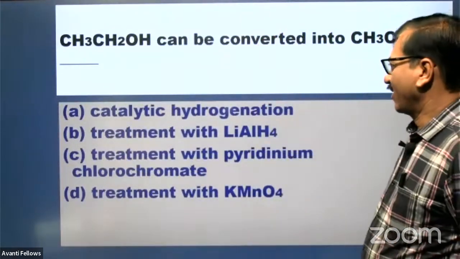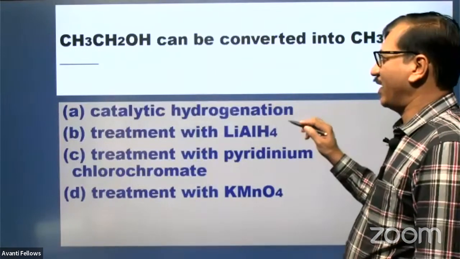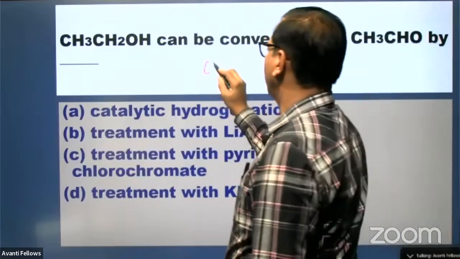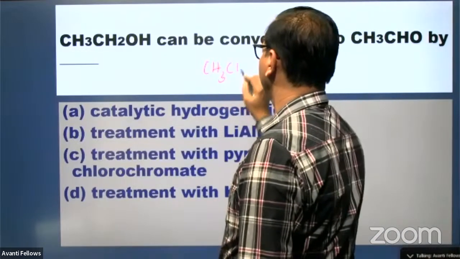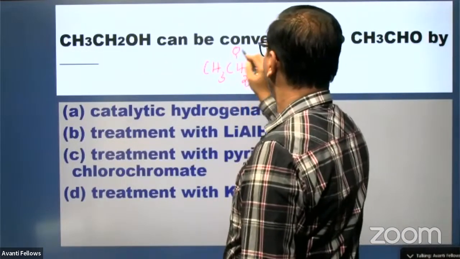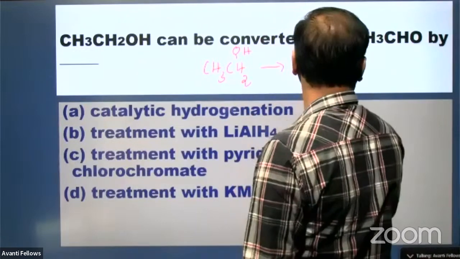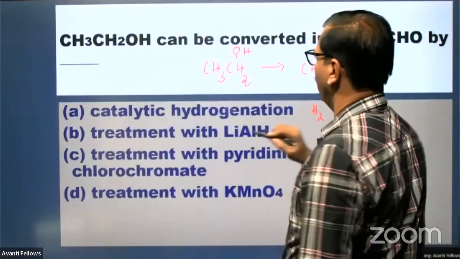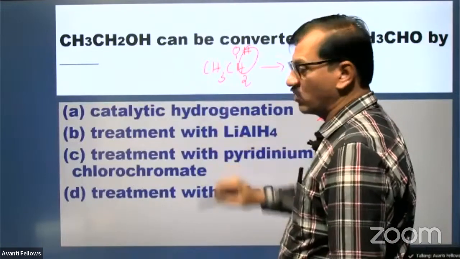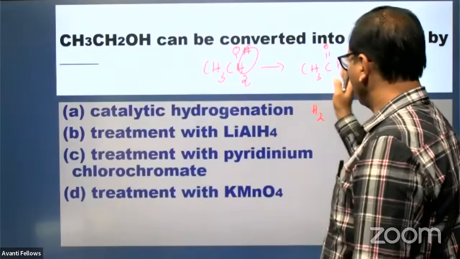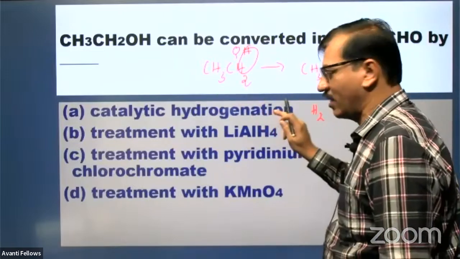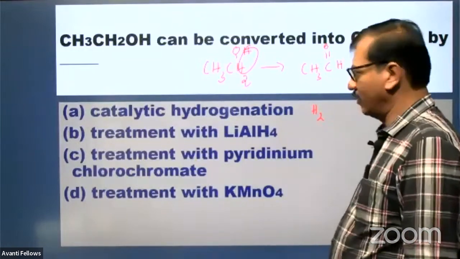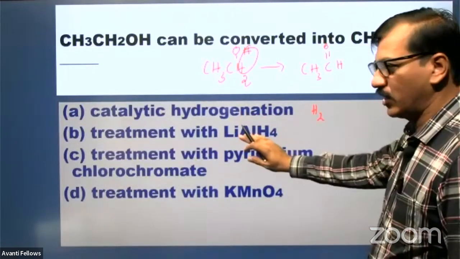Catalytic hydrogenation is addition of H2. Look at this. CH3CH2OH is converted into ethanal, CH3CHO. So here rather hydrogen is removed. If you want to convert from this to this, this is the method. But ethanol to ethanal is not hydrogenation or lithium aluminum hydride.